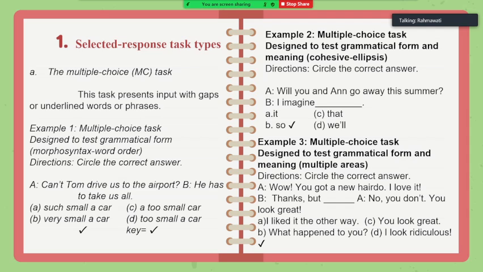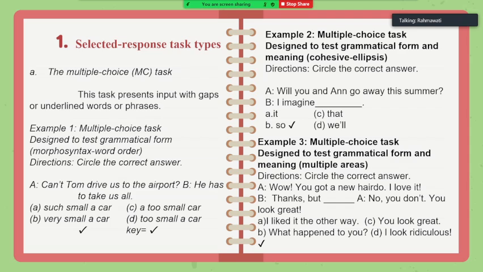And then example two is designed to test grammatical form and meaning, cohesive or ellipsis. Example two is a slightly different kind of multiple choice task. The input is presented in the form of an adjacency pair.